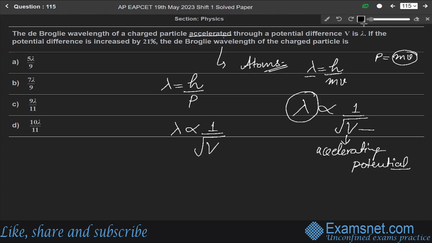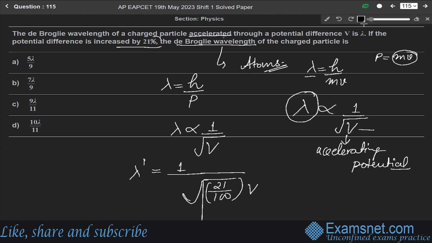Now, according to the question, when the potential is increased by 21%, we have to find the de Broglie wavelength. So this new wavelength lambda dash will be equals to 1 over under root of 21 over 100 into V. It is increased by 21%.